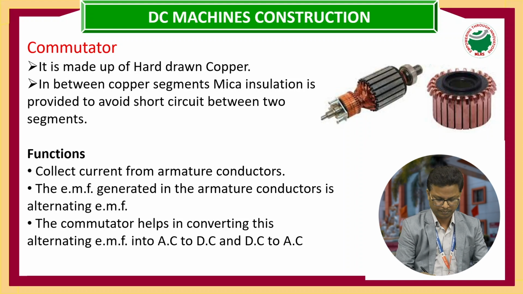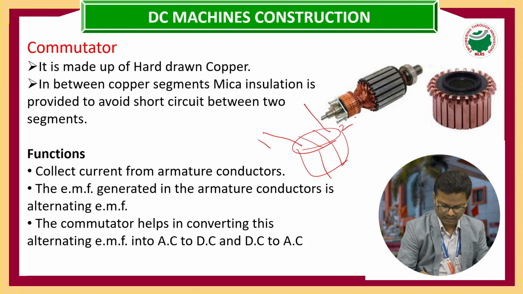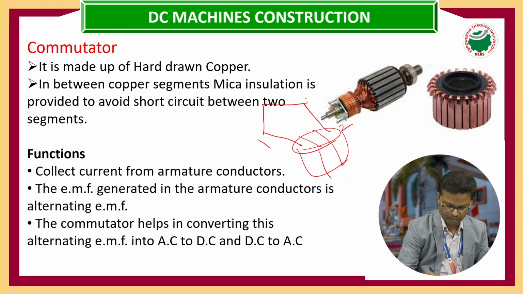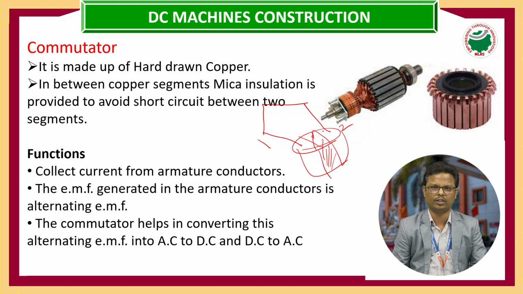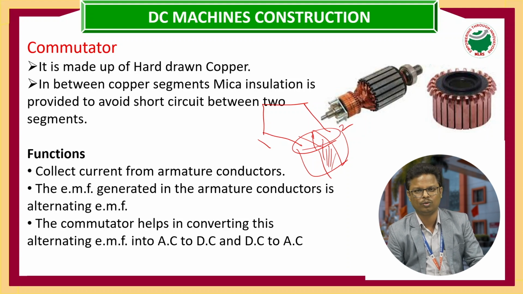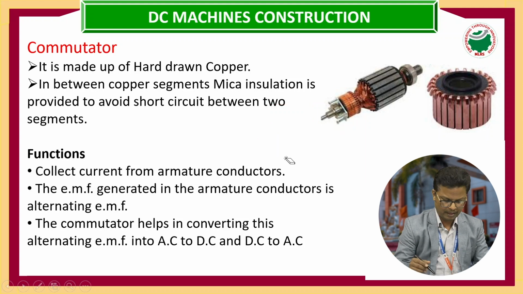See here, I am drawing a two segment line. In this two segment line, this is one end and this is another end. So this is one coil. If we do not install any mica insulation, these two conductors will be short circuited. To avoid that, we use the mica insulation between the two segments.